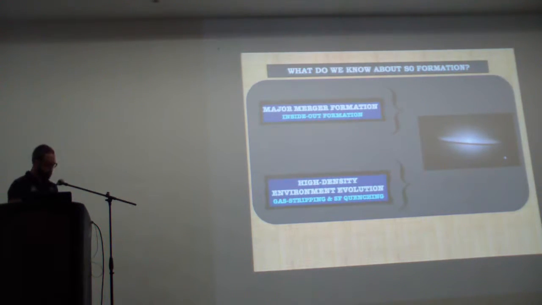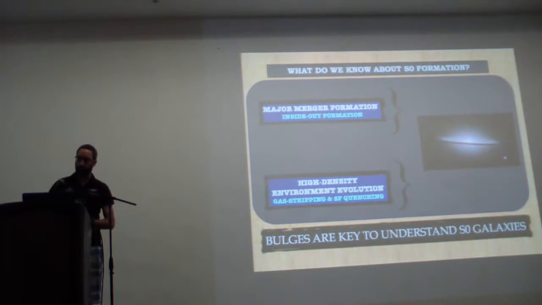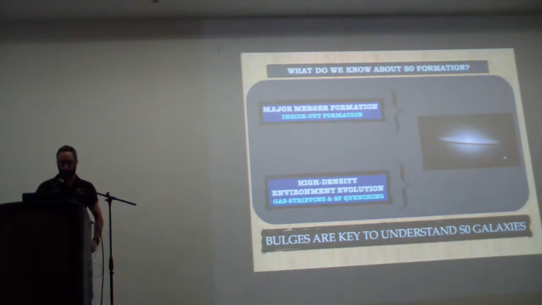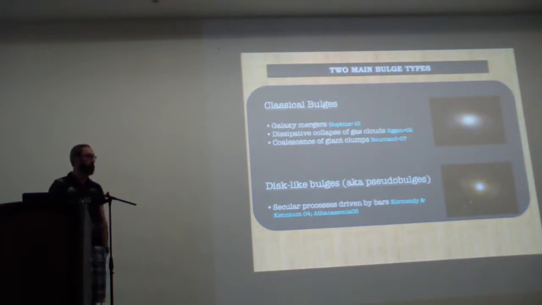But what is common to these two scenarios is that bulges, the central component of the galaxies, contain a lot of useful information to understand the formation of the systems. And this is reflected in the two kinds of bulges that we think exist in the universe.